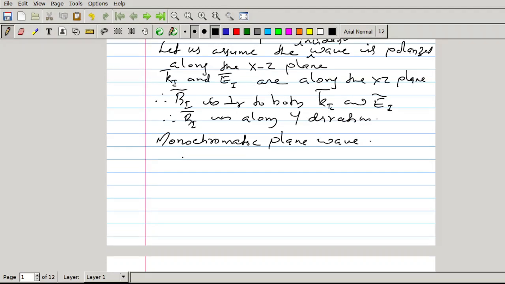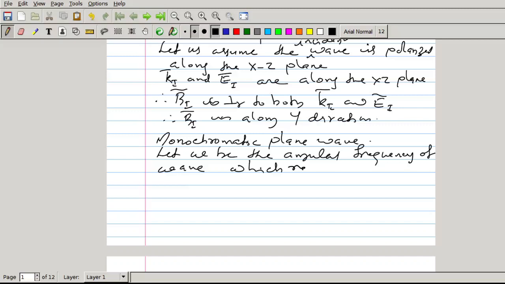Let omega be the angular frequency of the wave, which remains constant during reflection and transmission.